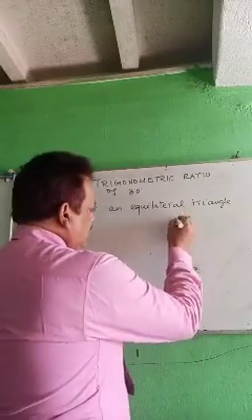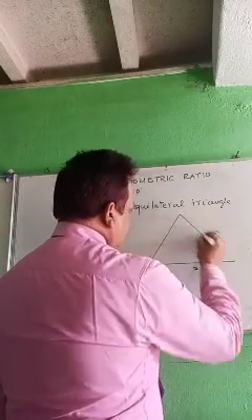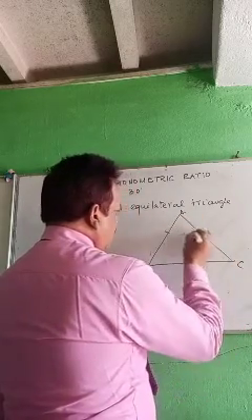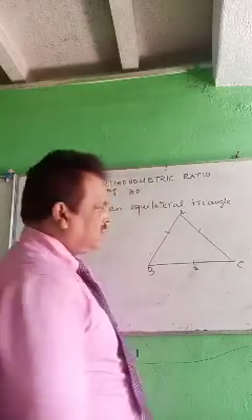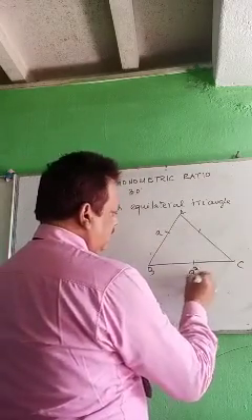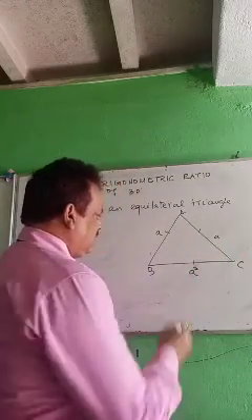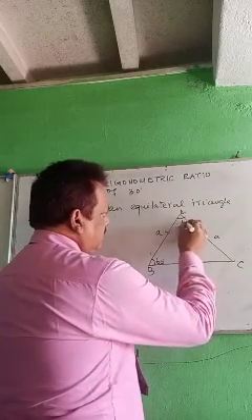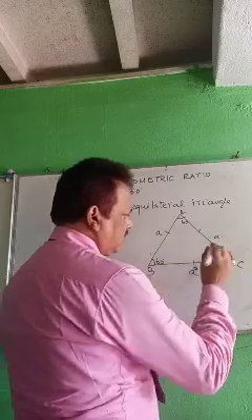Equilateral triangle means all sides are equal. If this is A, this is A, this is also A. Each angle is 60 degree. This is 60, this is also 60, this is also 60.